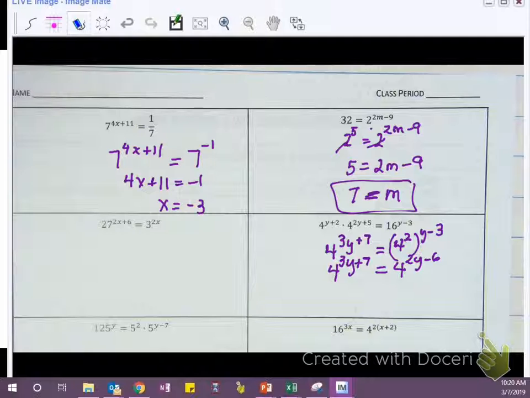Now our bases are the same, so we can drop out our bases, and it becomes 3y plus 7 equals 2y minus 6. Subtract the 2y, subtract the 7, we get y is equal to negative 13. Questions?